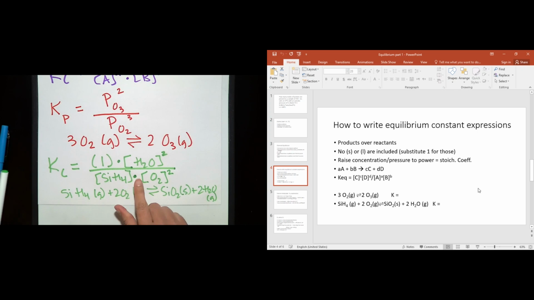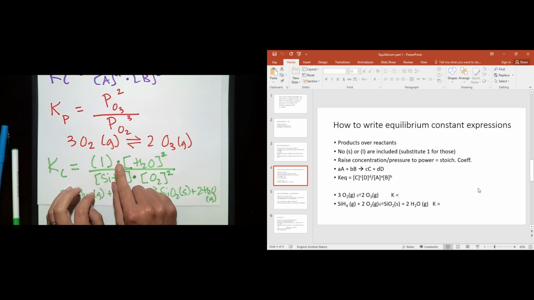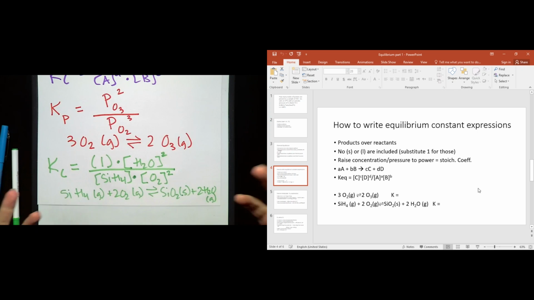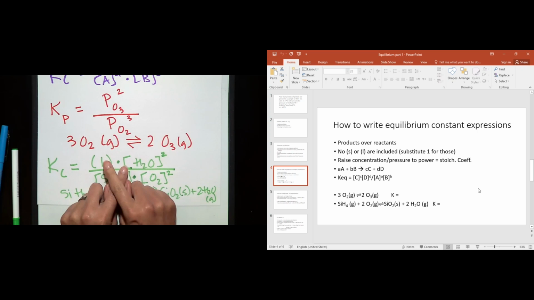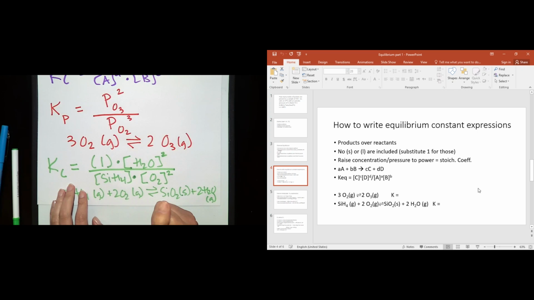It is very important that I multiply, and because I'm multiplying, it doesn't matter what order I do this. 1 times this term is the same as that term times 1. This times this is the same as O2 squared times this silane, the silicon compound. No matter which order, it's the same value.